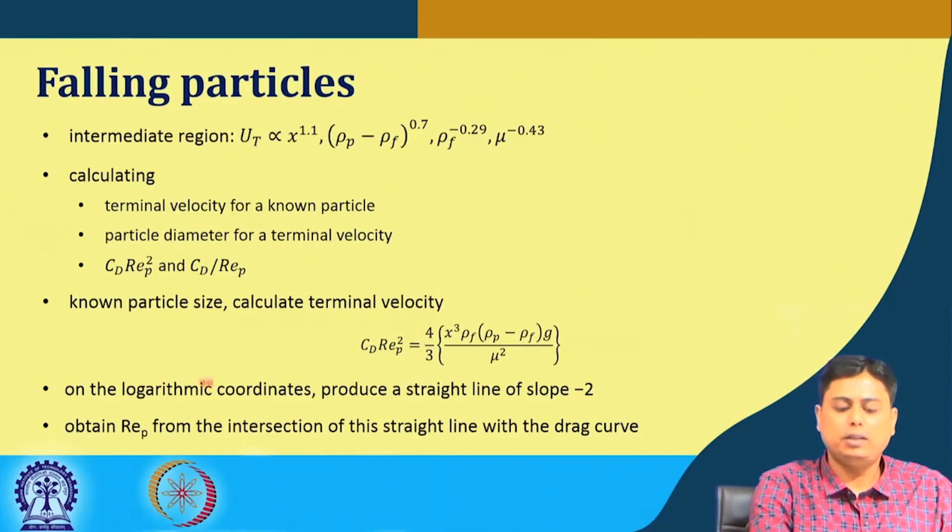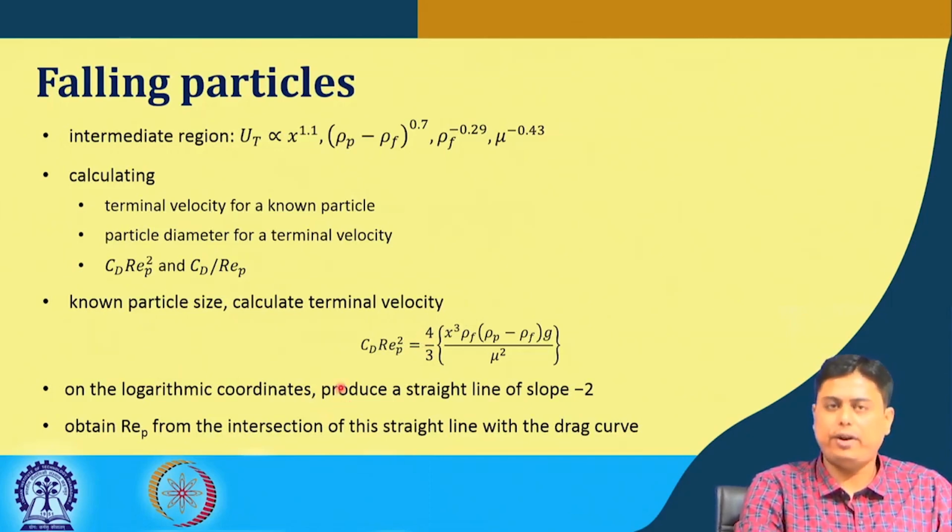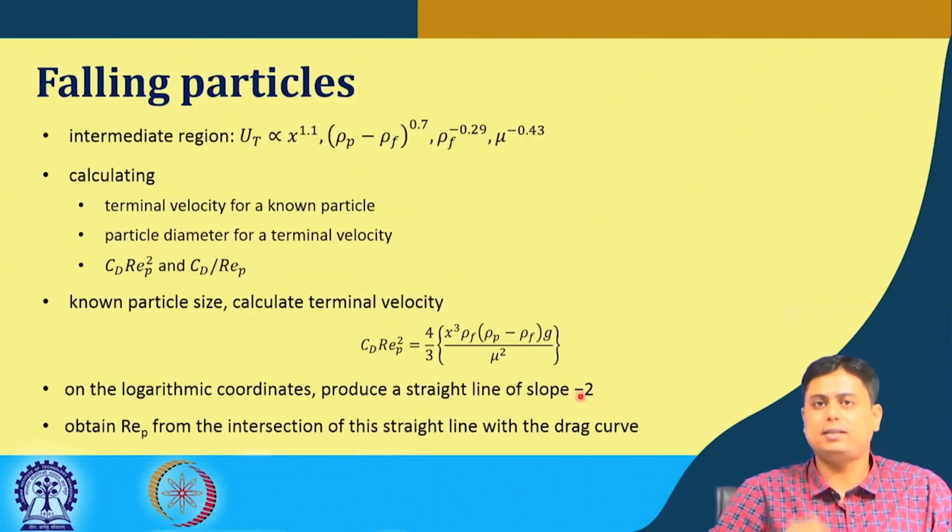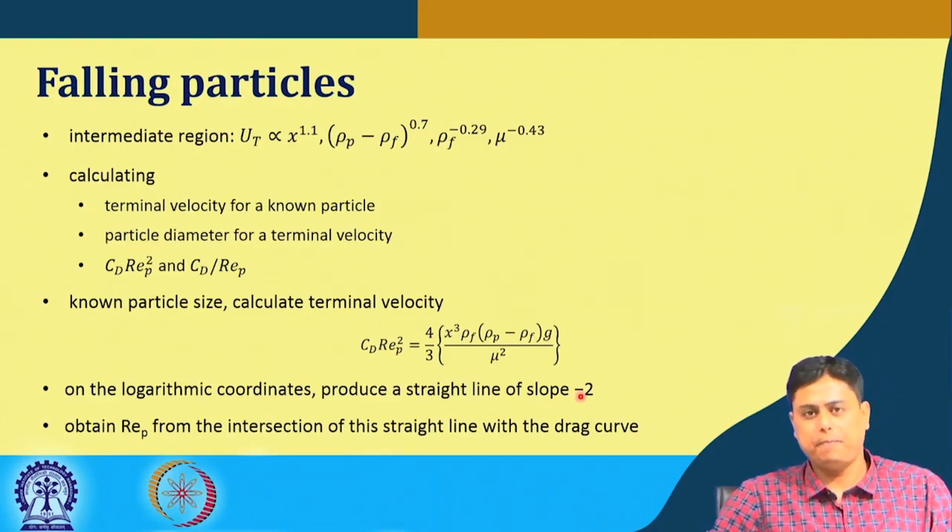On that drag curve, log CD versus log REP, it produces a straight line of slope -2 and it intersects the drag curve somewhere.